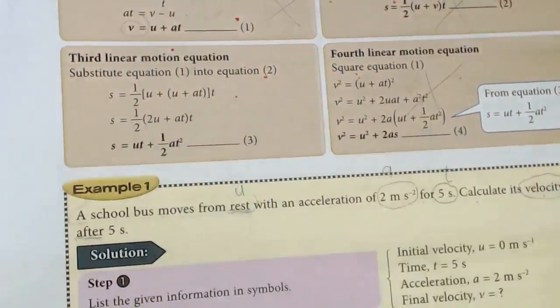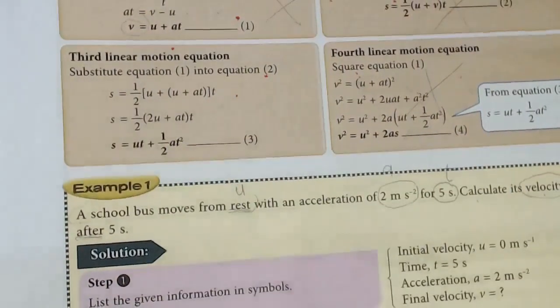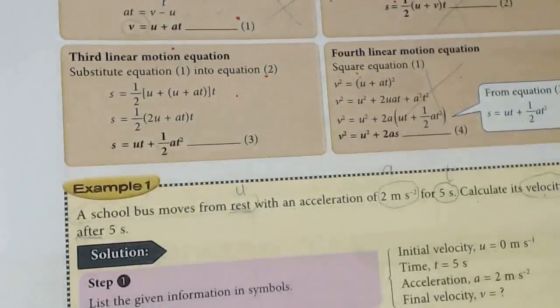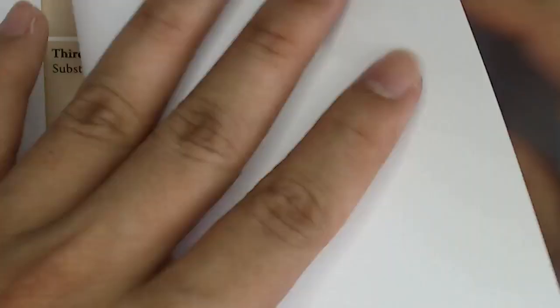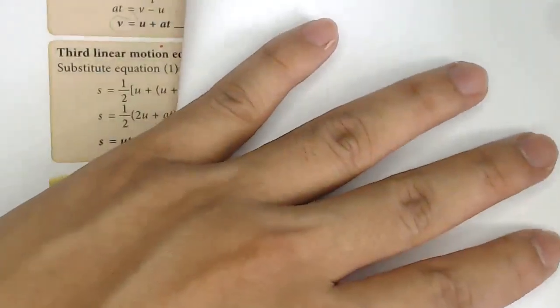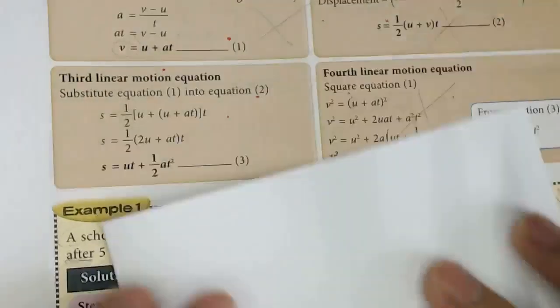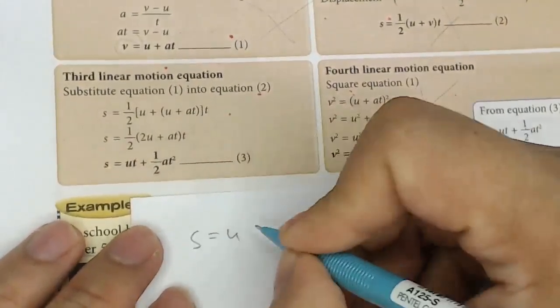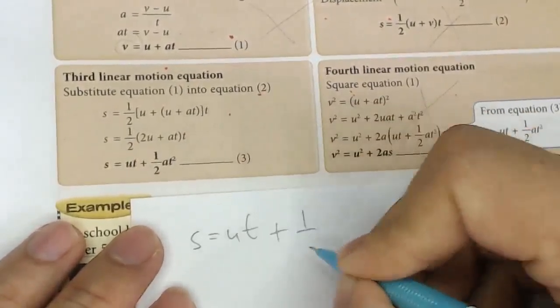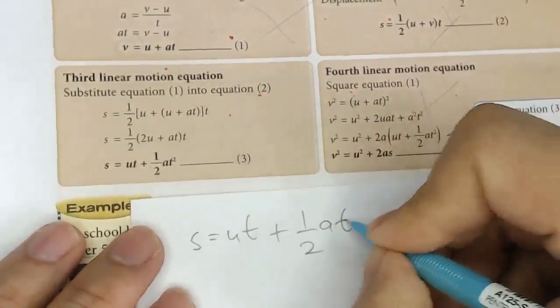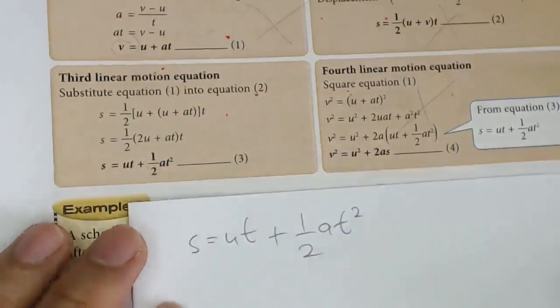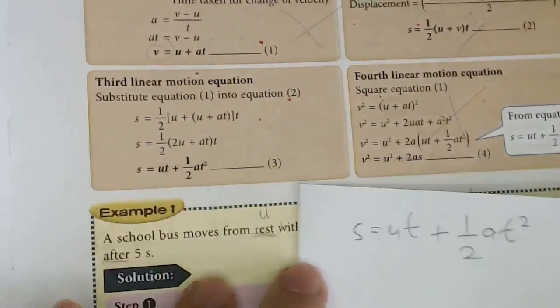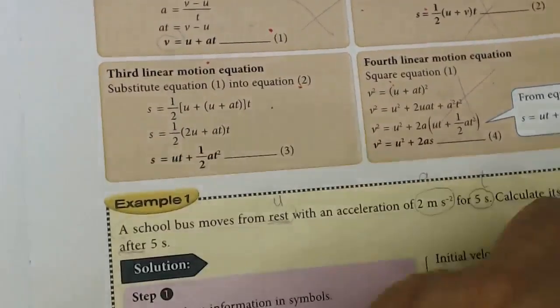So you're going to write that formula down and start counting things. S equals ut plus half at square. This is why you need to memorize all of this.